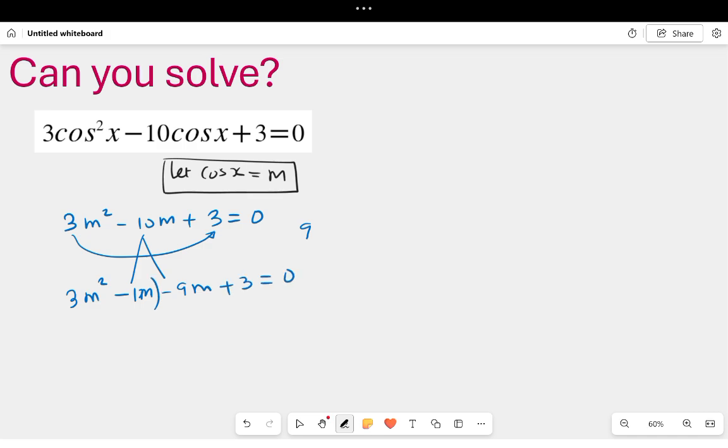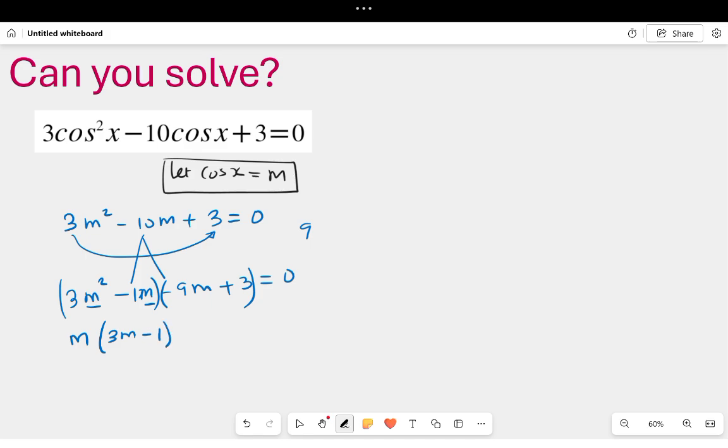Then we are going to do the factorization. Over here m is common for both 3m squared and minus m, so we are going to factorize and have m outside the brackets. So 3m squared divided by m, you will get 3m. Minus 1m divided by m, you will be left with minus 1.